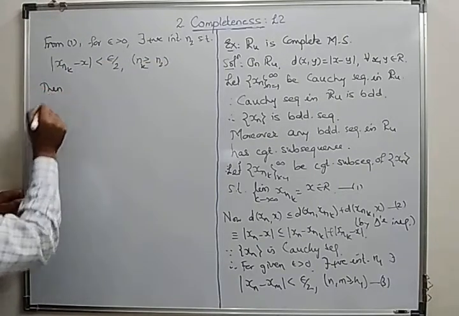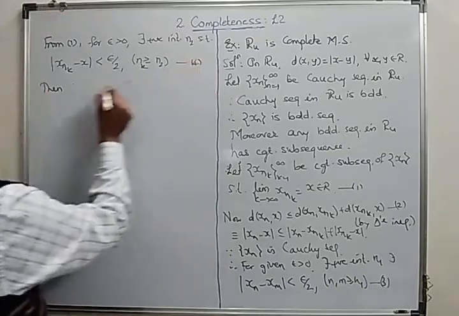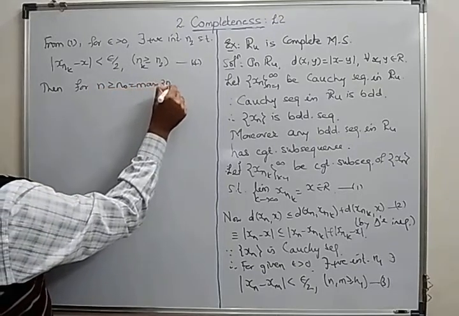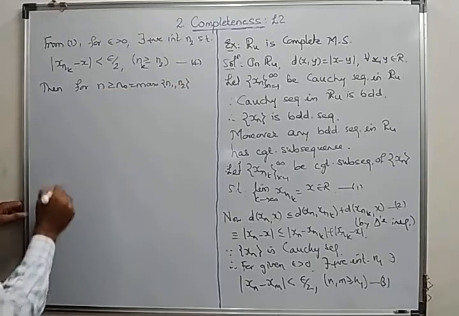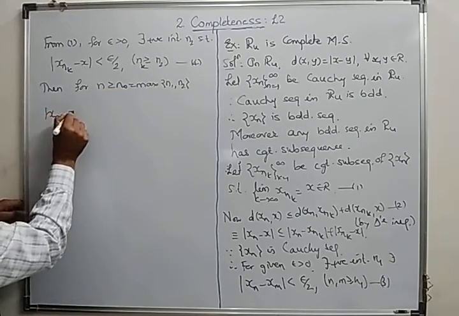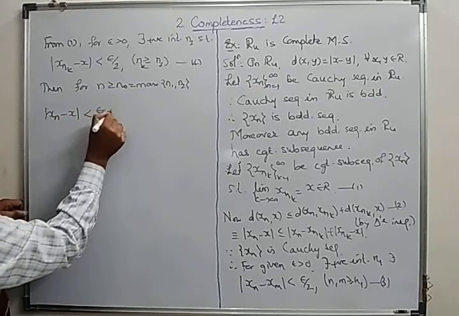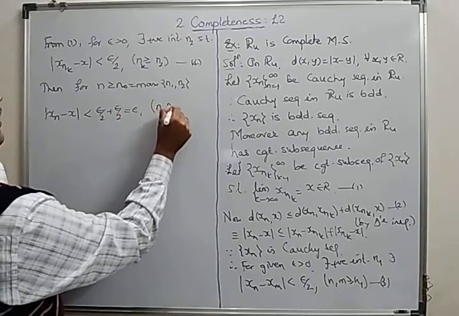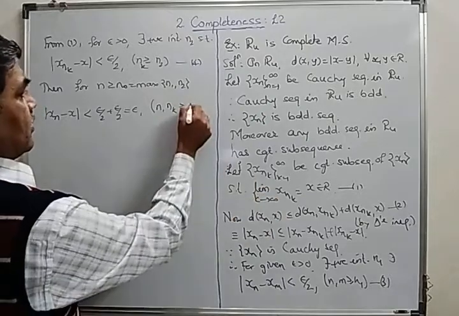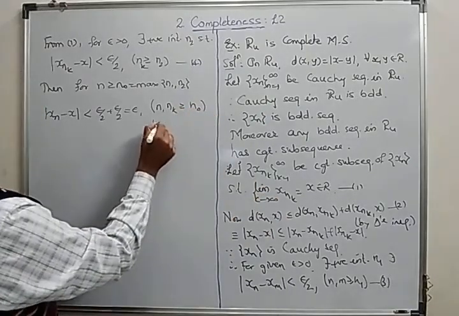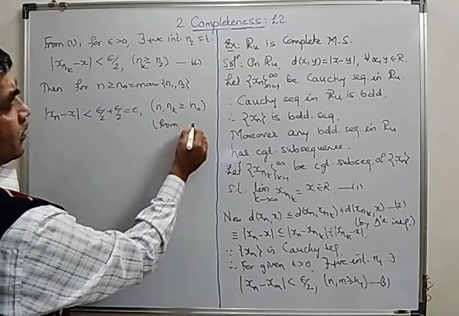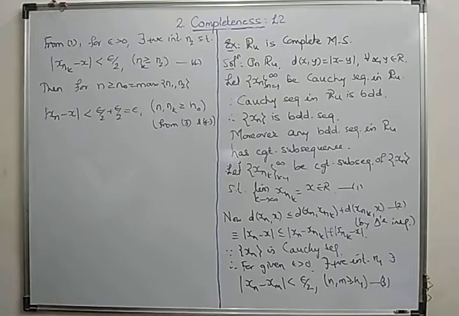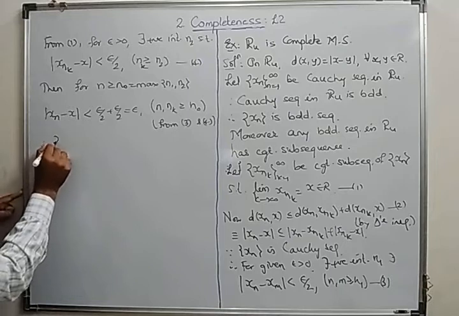Then for n greater than or equal to n0, where n0 is the maximum of n1 and n2, |x_n - x| must be less than epsilon by 2 plus epsilon by 2, which is equal to epsilon, by the two previous inequalities. Therefore x_n converges to x.